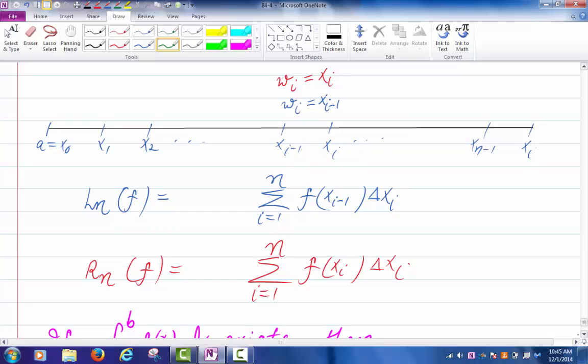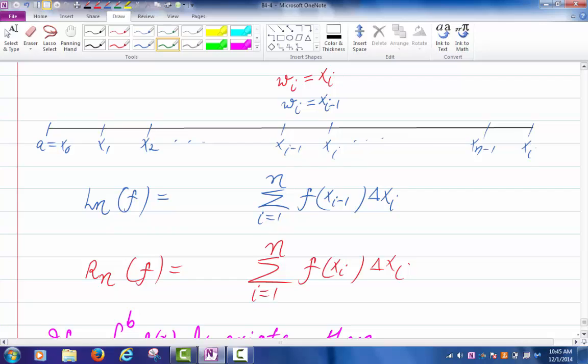So you're picking the sample points to be the left endpoints of the subintervals. So what is W1? W1 is x0. You're picking the left endpoint of the first subinterval to be the sample point.